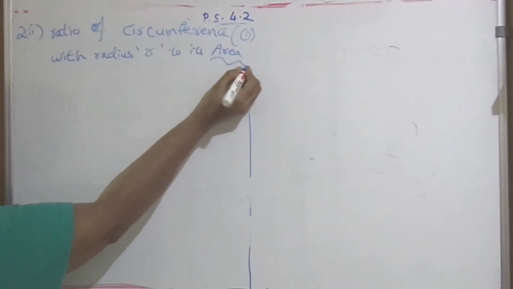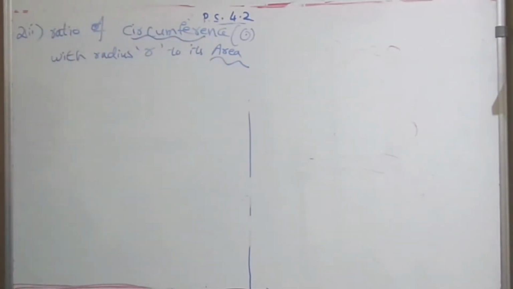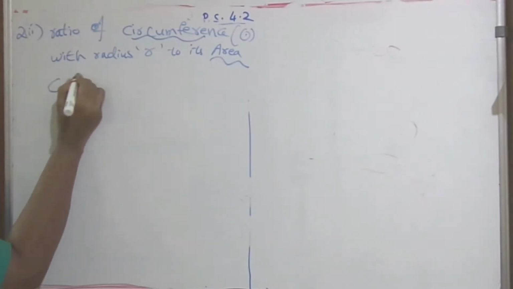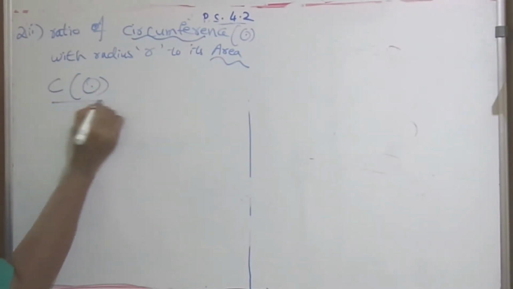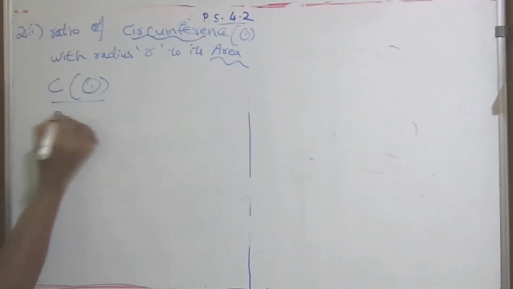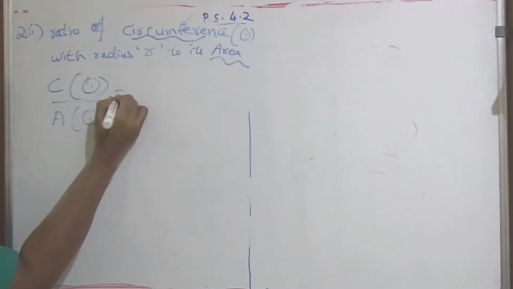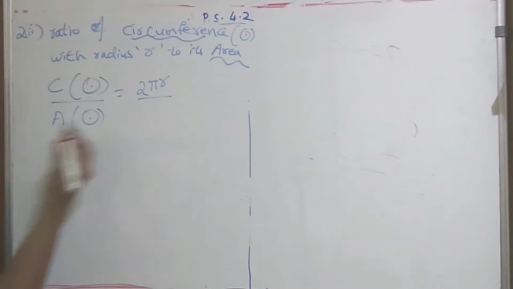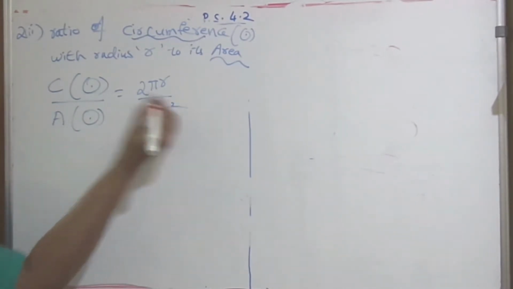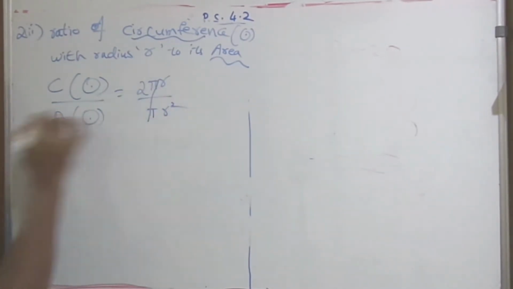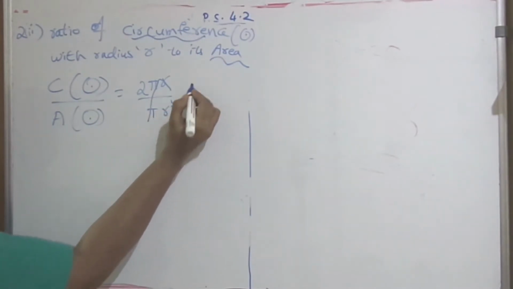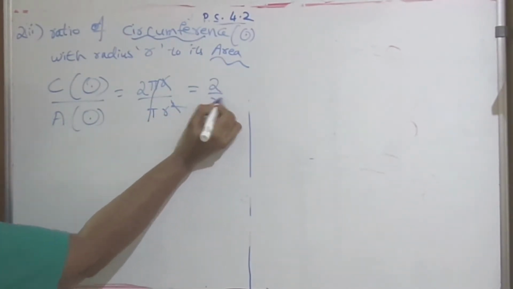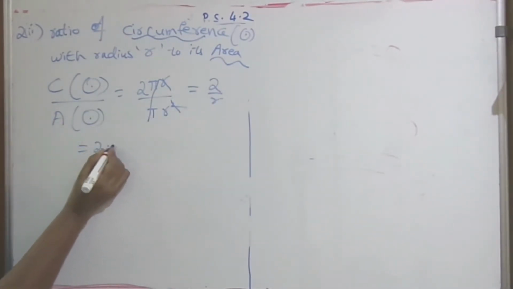Okay, so you have to find the ratio of the circumference and the area of the circle. First, the numerator is circumference. So I am writing C for circumference, upon area of the circle. Circumference of the circle is 2 pi r, radius is r given, and area of the circle is pi r squared. Pi gets cancelled, one r gets cancelled. So what remains is 2 upon r, that is 2 is to r.